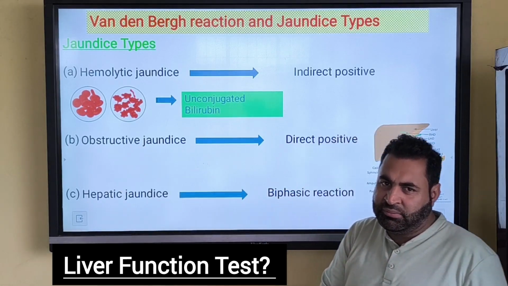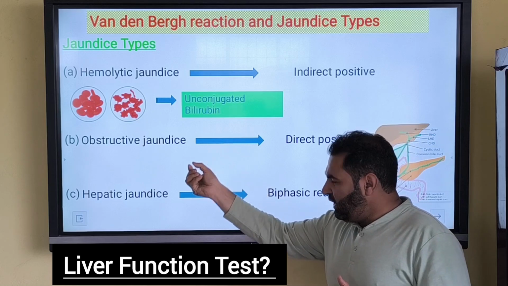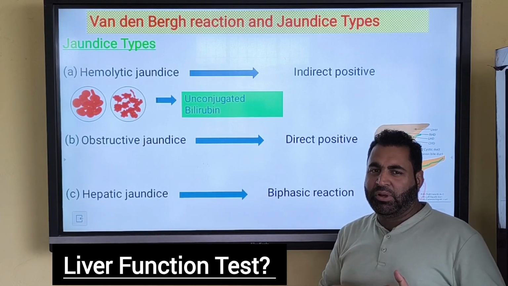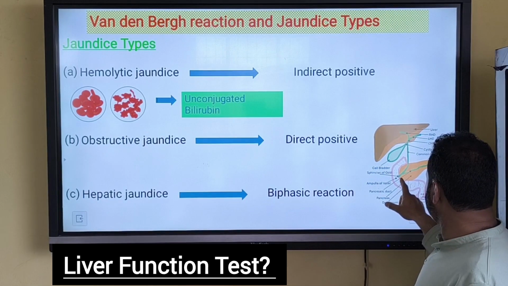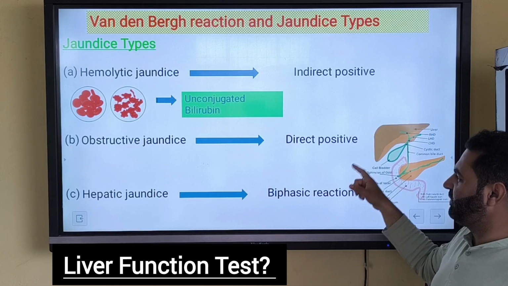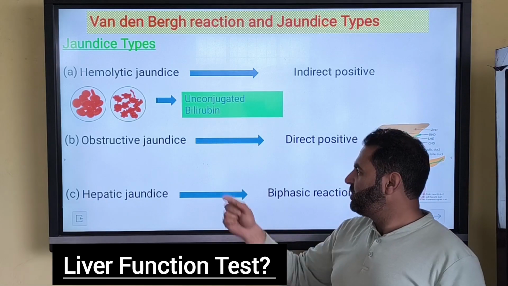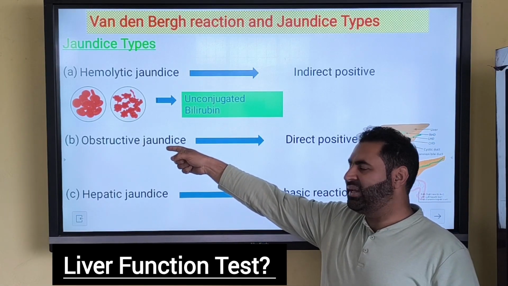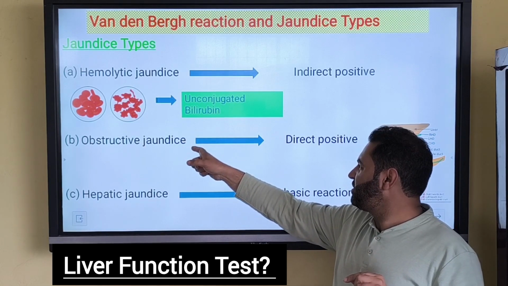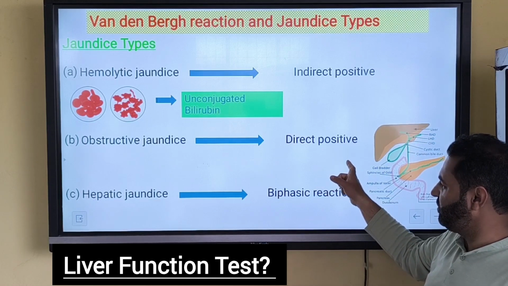Because of obstruction, the bilirubin which is already conjugated by the liver is incapable of moving into the intestines, so it gets reabsorbed into blood circulation. So we have an increase in the conjugated bilirubin concentration, so it gives direct positive results.